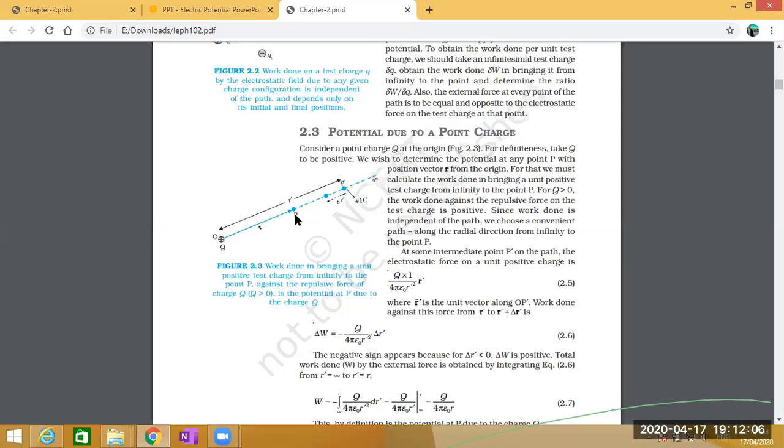So it means that we bring a test charge, a small q, from infinity.